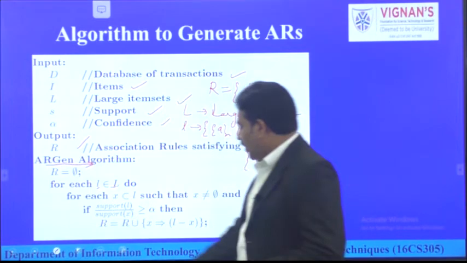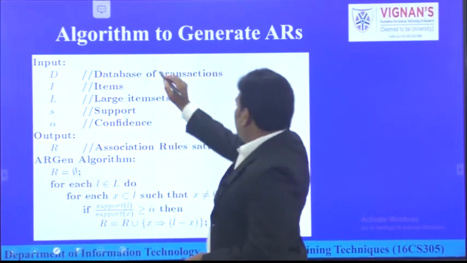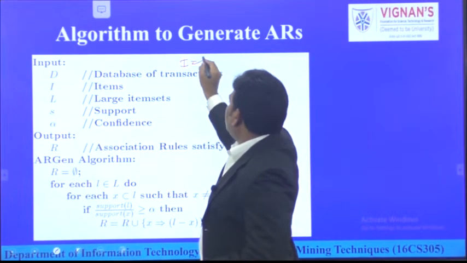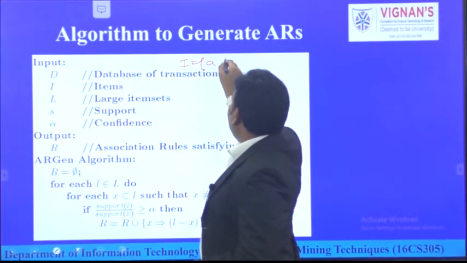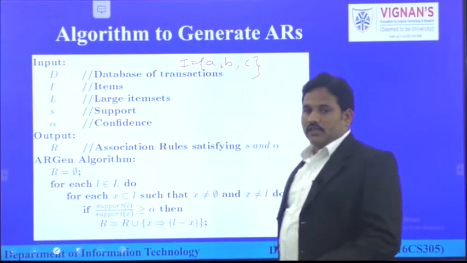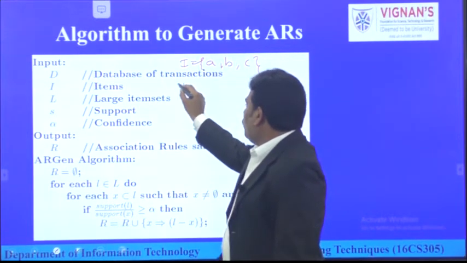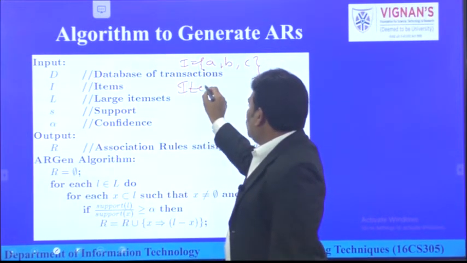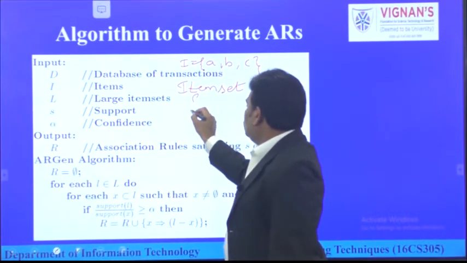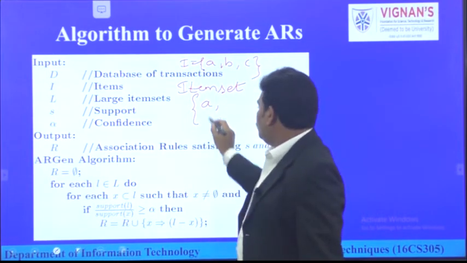We'll redraw all these again to understand better. Let us see here. We have 3 items, capital I equal to A, B and C. These are the 3 items. Using these, we want to generate all possible item sets.